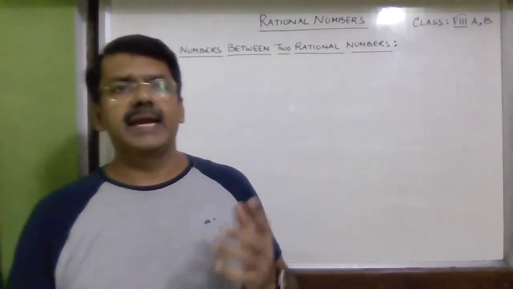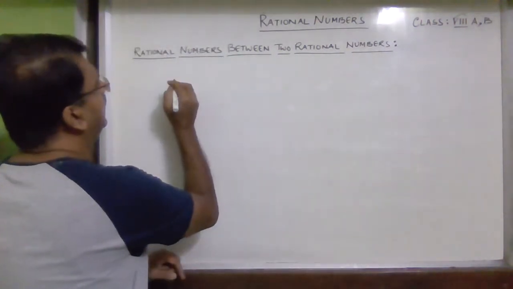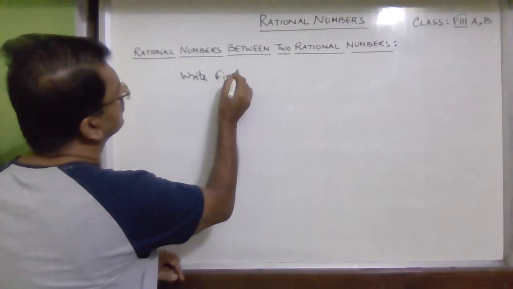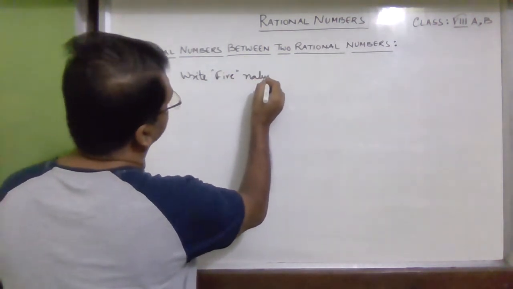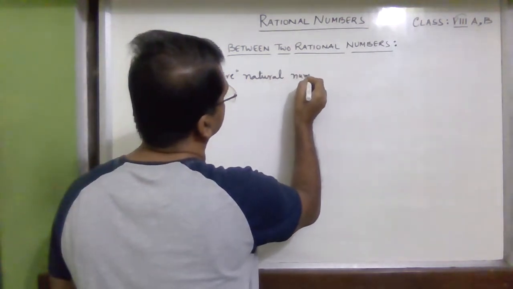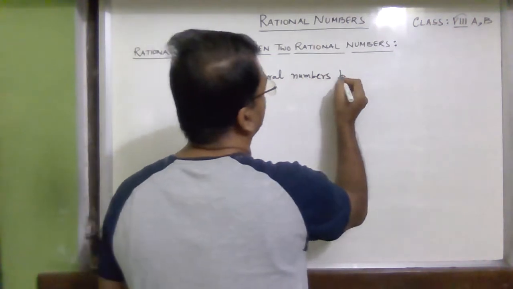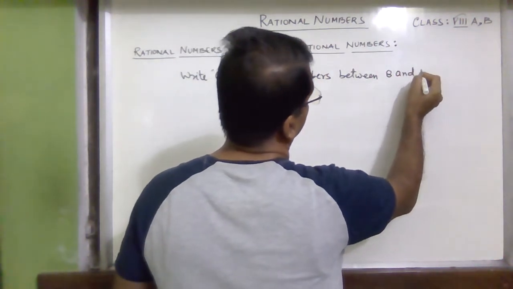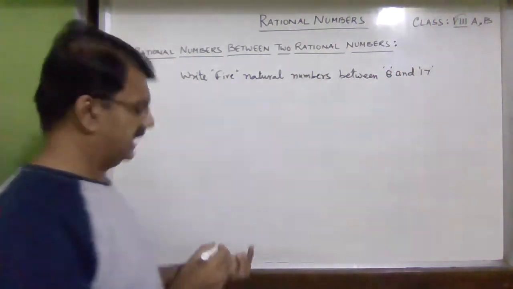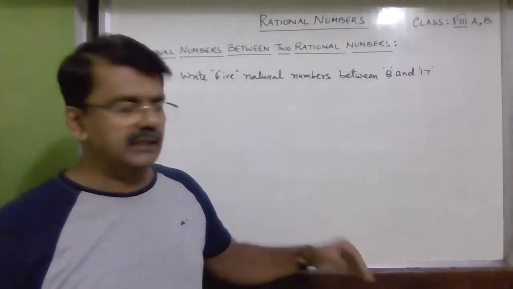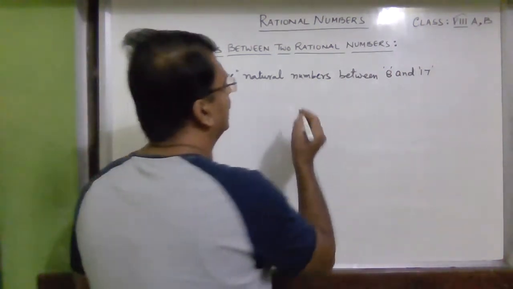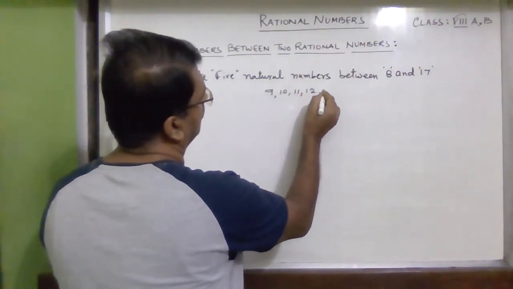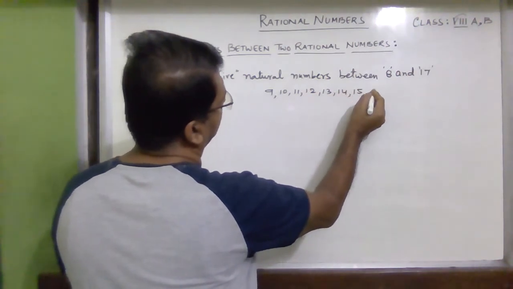So before that, if I say write 5 natural numbers between 8 and 17, now you know that between 8 and 17 the natural numbers are 9, 10, 11, 12, 13, 14, 15, 16.